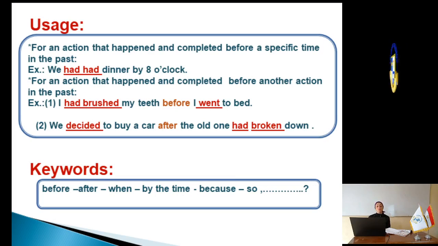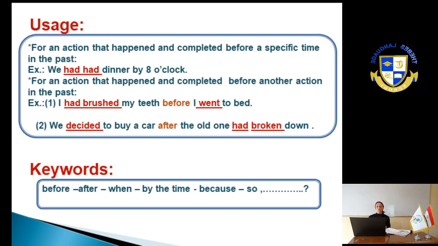Here, we decided to buy a car. The car had broken. Which one happened first? Of course, the car had broken down, then we decided to buy a new one. So the first action of two actions in the past should be in the past perfect tense.